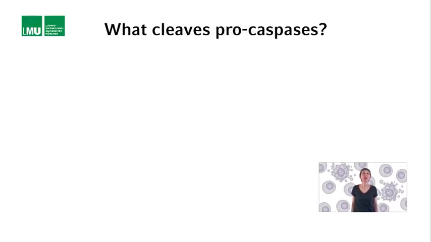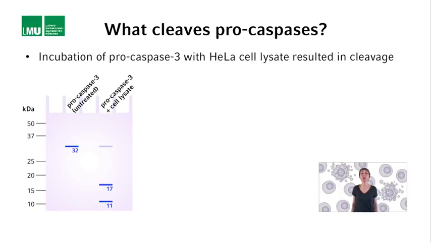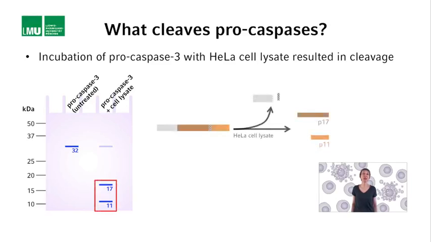Going back to the cleavage assay with pro-caspase-3. After incubating full-length pro-caspase-3 with the HeLa cell lysate, Xiaodong Wang and co-workers ran the in vitro reaction on a polyacrylamide gel to look at the status of caspase-3, and they found that the incubation with the HeLa cell lysate was sufficient to cause cleavage into P17 and P11.